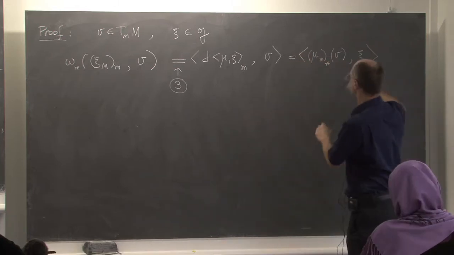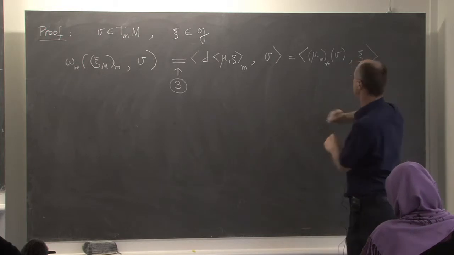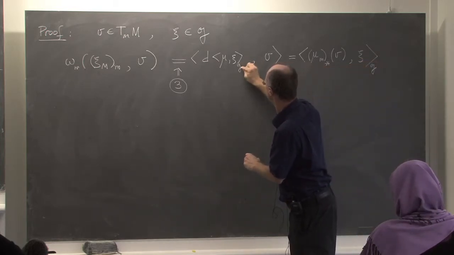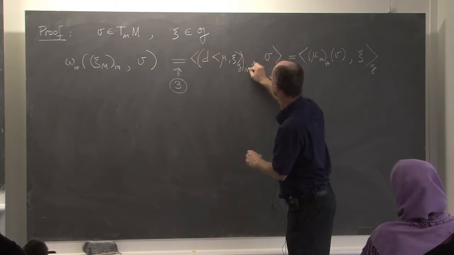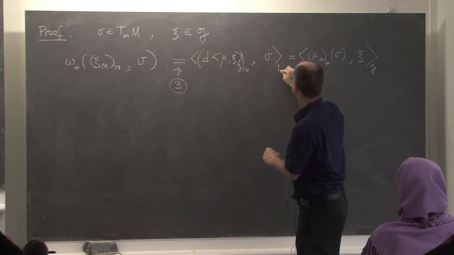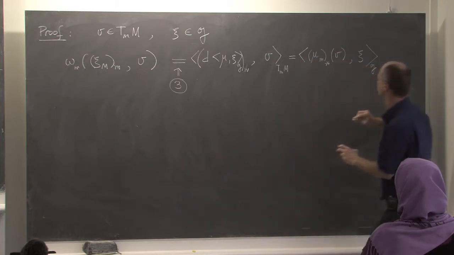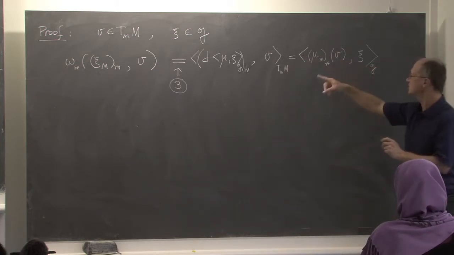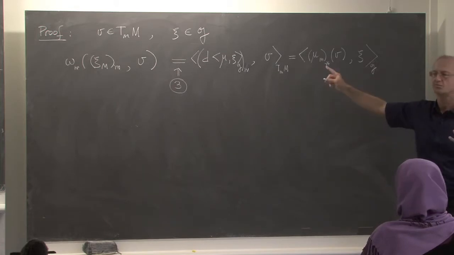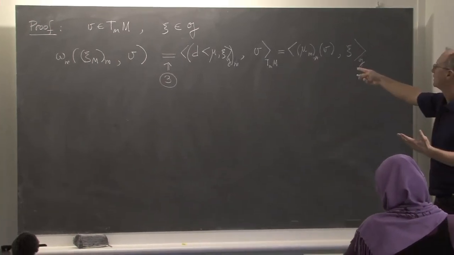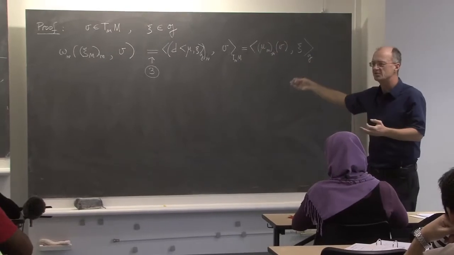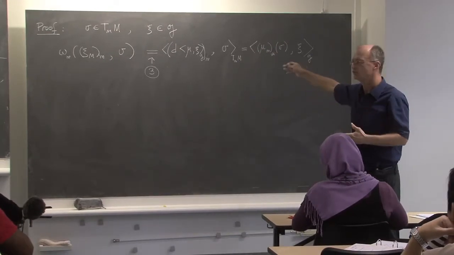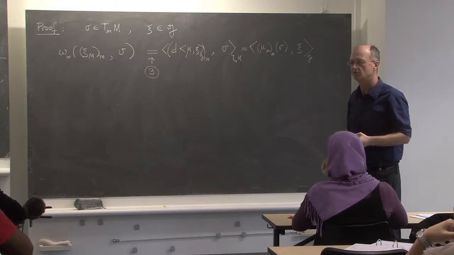So this duality here is the duality between G and G star, and that's the duality of T_mM. Of course, there is no problem in substance, but is there a problem with notation, or do you believe this is okay?